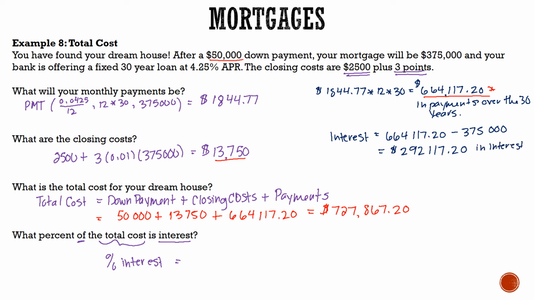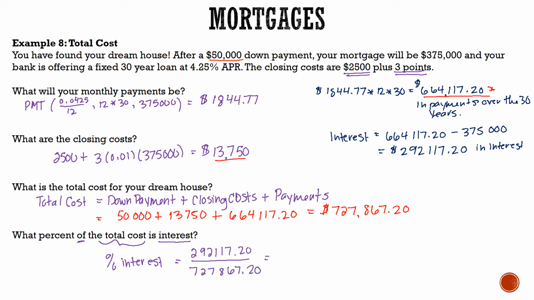So then when we do the percent interest, we can bring that number back down to be the numerator in our ratio. So that'll be $292,117.20 divided by, and again, we want the total cost in our denominator. So including the down payment and including the closing costs. So that's $727,867.20.